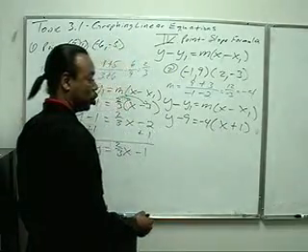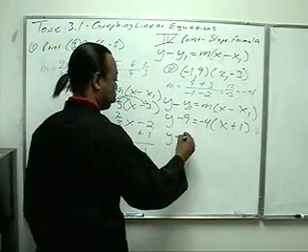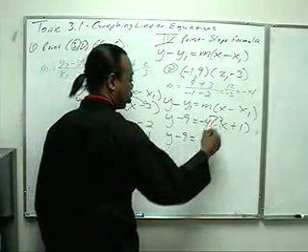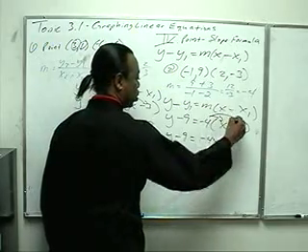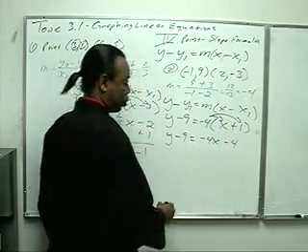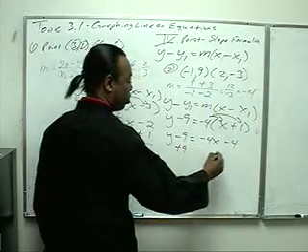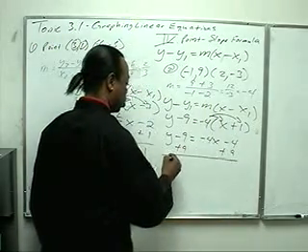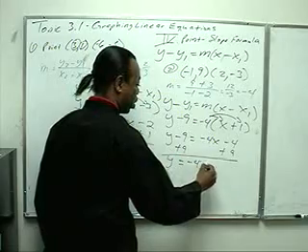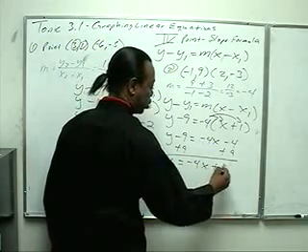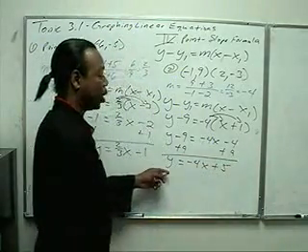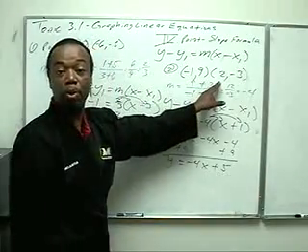And now I'll distribute my -4. So I'll get -4x and a -4. Add 9 to both sides. I get y equals -4x plus 5. And this is my linear equation that goes through these 2 points.